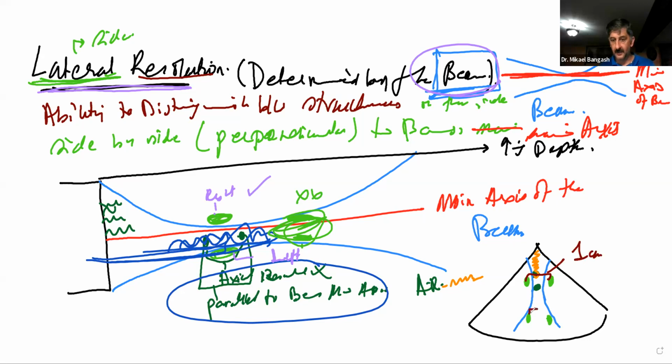Even here, the distance between these two structures is 1 centimeter apart. But at this level, these two structures will give us a good lateral resolution, whereas here you will have a poor lateral resolution. Yes, Shaq, you had a question?